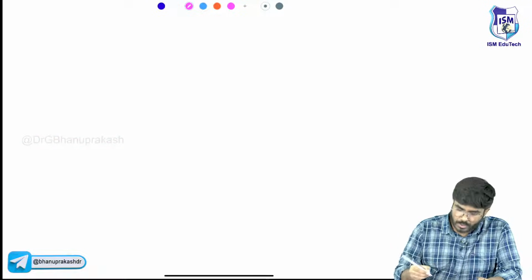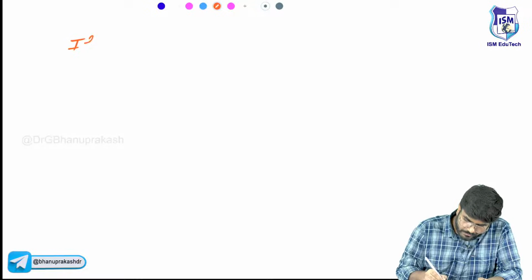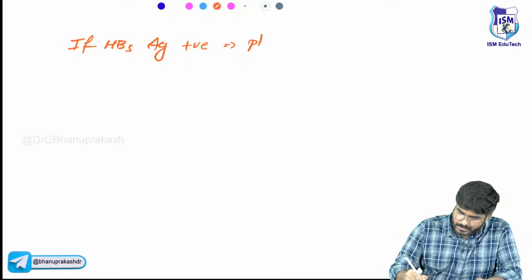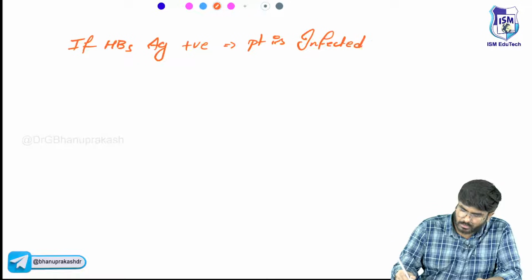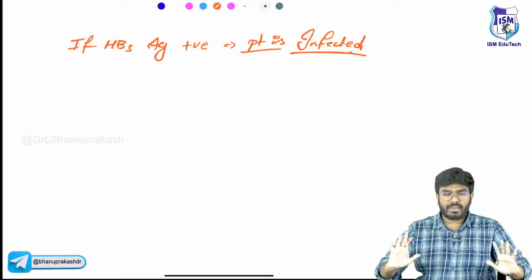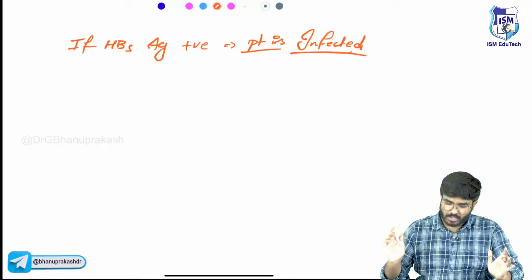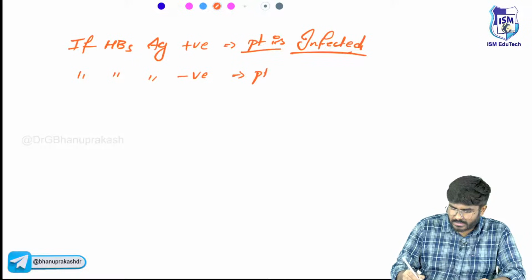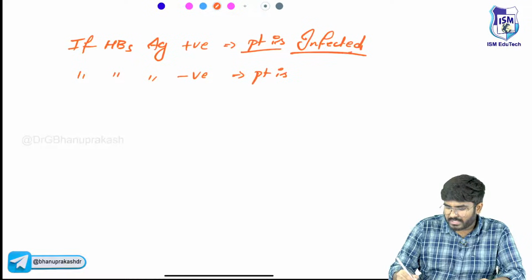If HBsAg is positive, the patient is still infected. Right now the patient has infection. If HBsAg is negative, the patient does not have infection, he is resolved.